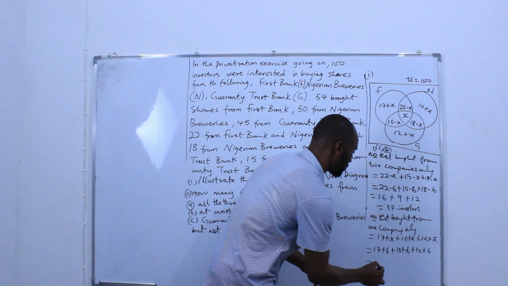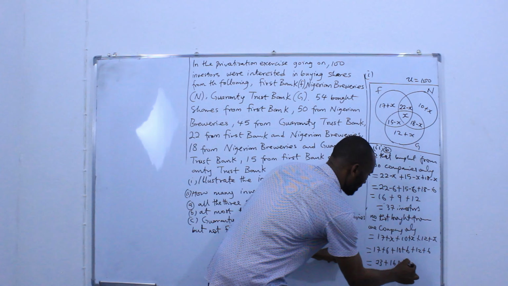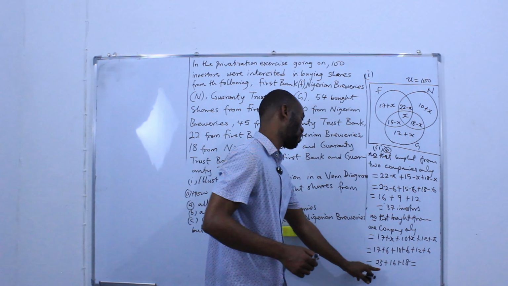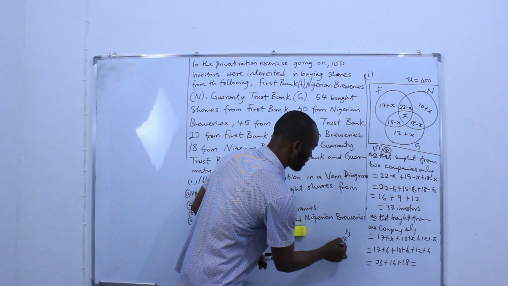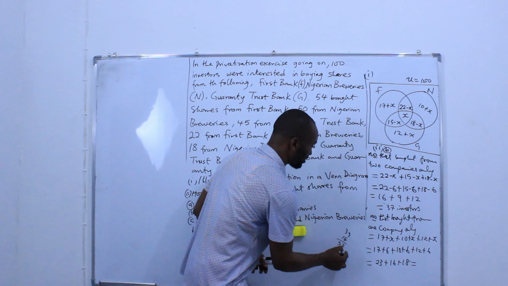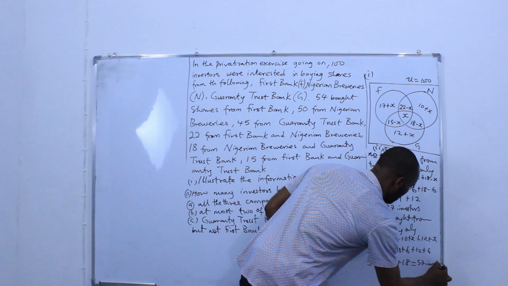And that is a total of 23, 16, and 18, which gives us 39. 39 plus 18 is 57. We have 57 investors.